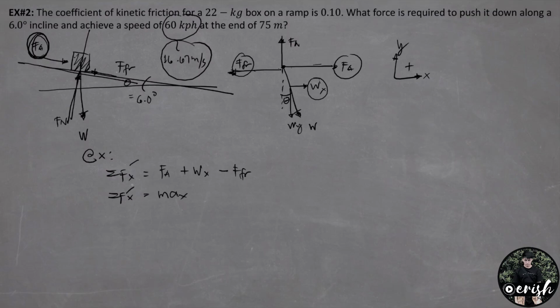Now, this is equal. So, mass times the acceleration at x is equal to positive force applied plus weight x minus force of friction. Ang problema, hindi pa natin alam yung acceleration but we have given a speed of 60 kilometers per hour or in meters per second, we have 16.67 meters per second.